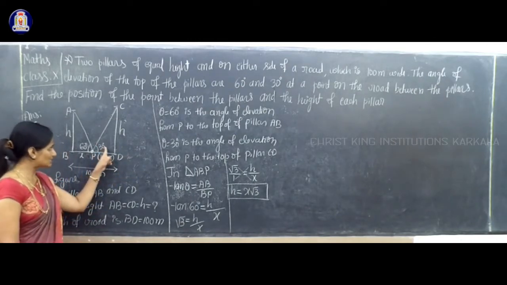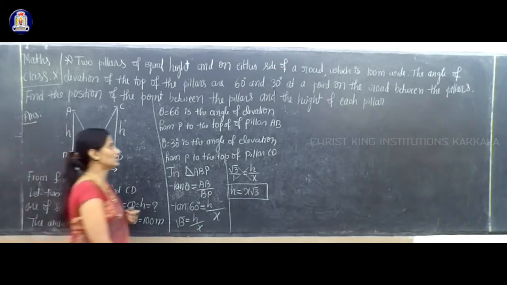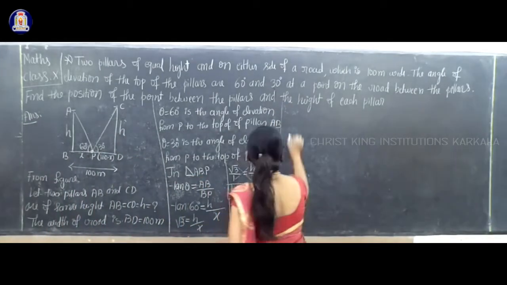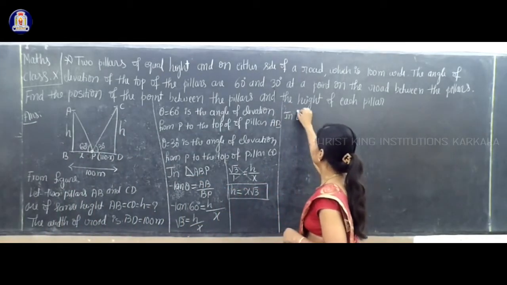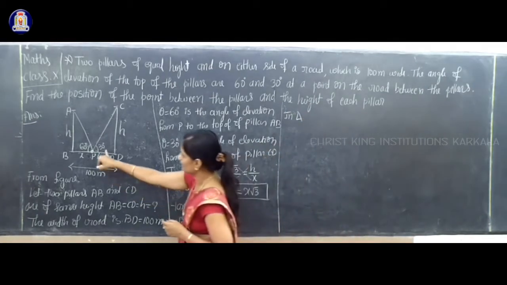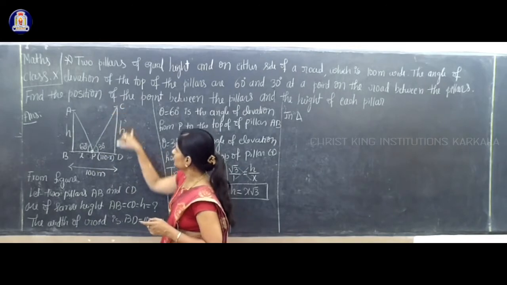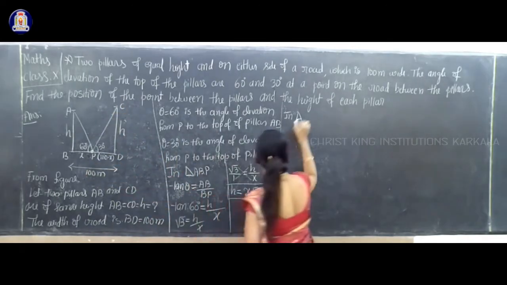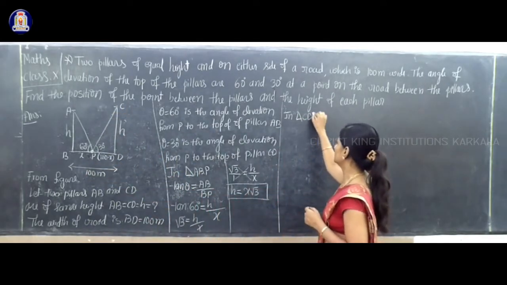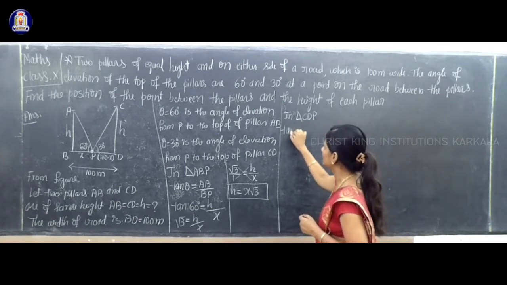Now next consider this triangle. In the right angle triangle CDP, this is 30 degree. Again use tan theta.